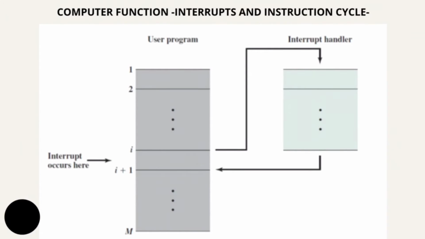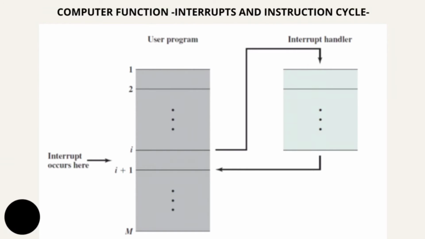Interrupts and the instruction cycle. With interrupts, the processor can be engaged in executing other instructions while an input or output operation is in process. The input or output module for the external device sends an interrupt request signal to the processor.